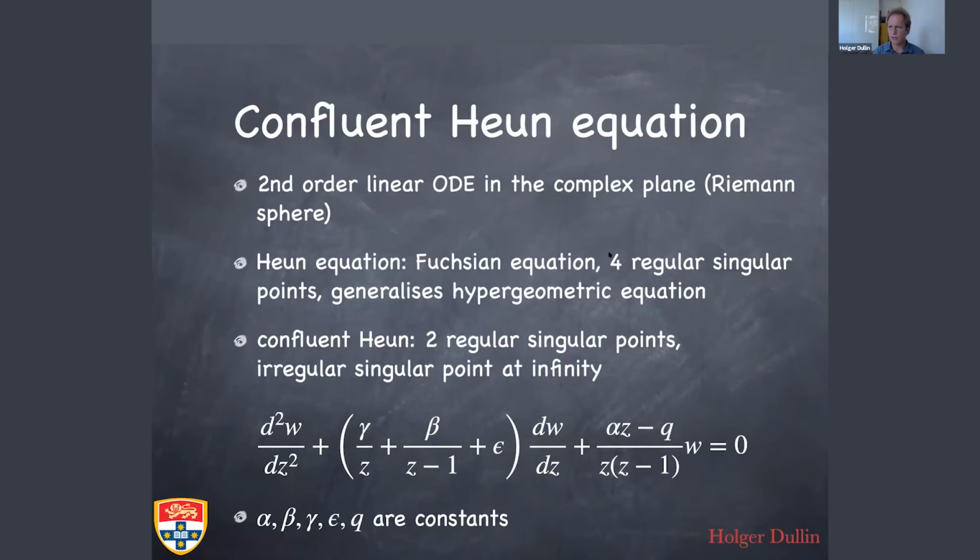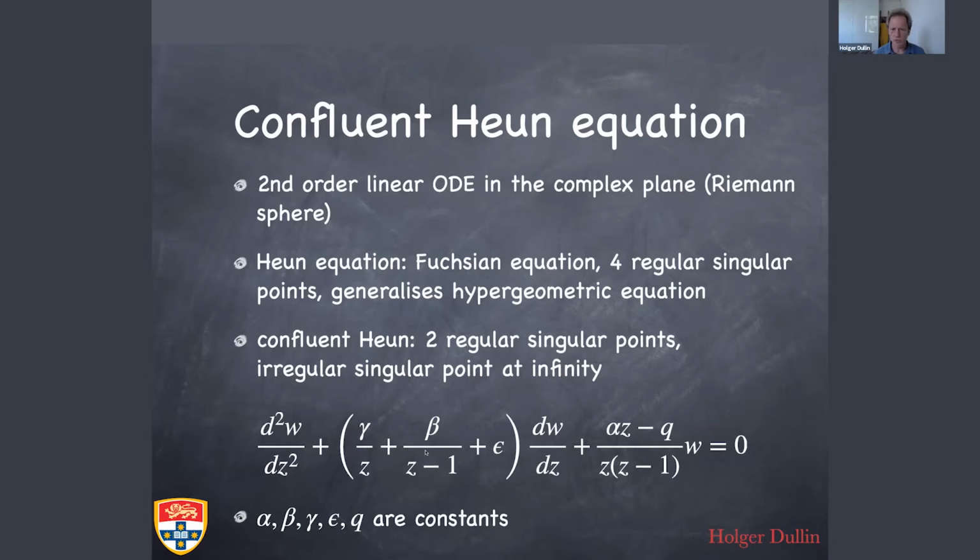So there are four punctures on this Riemann sphere, and it is the natural generalization of the hypergeometric equation. For the Confluent Heun equation, you take two of these singular points and coalesce them, and that creates an irregular singularity, and that's usually placed at infinity. And then here's the equation.